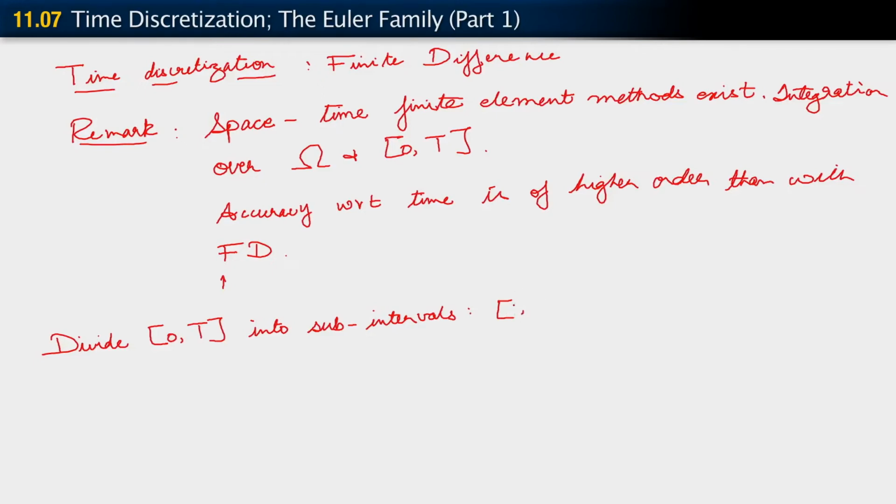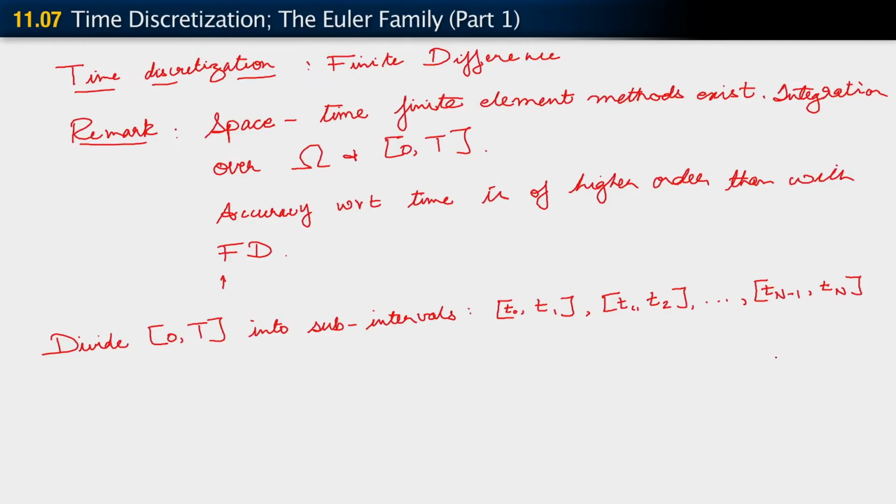These subintervals are t0 to t1, t1 to t2, and so on until we come finally to t(n minus 1) to tn.